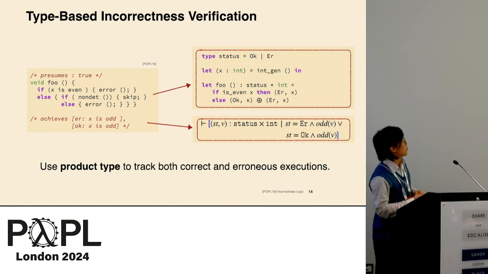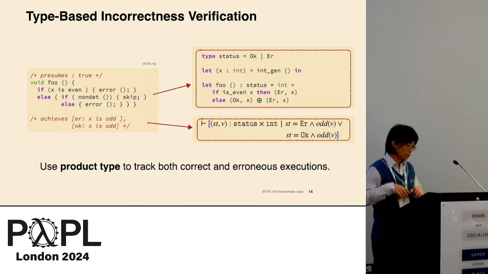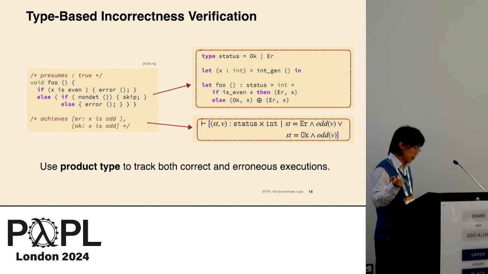We also rewrite the postcondition into a coverage type. The label error or OK is directly rewritten into a part of our qualifier, st, which means the status is equal to error or OK. So that is how we track correct and erroneous execution like Incorrectness Logic in coverage types.